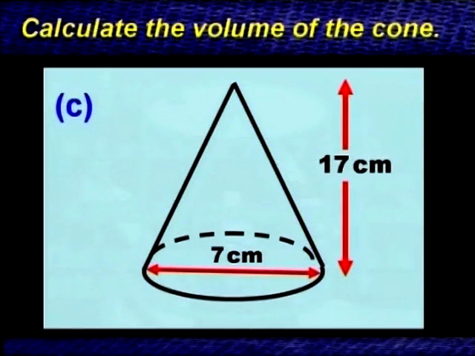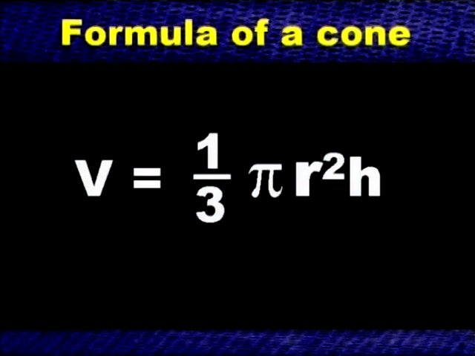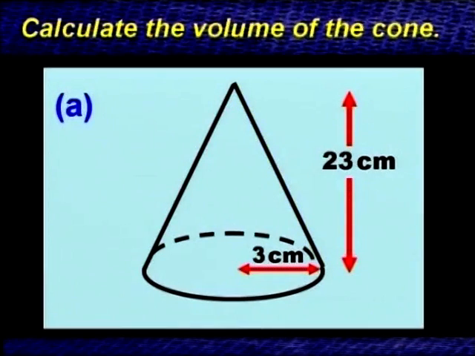We should not waste time. Let's start, please. Remember, you're using the formula: volume is equal to 1/3 pi r squared h. I want you to work in pairs.